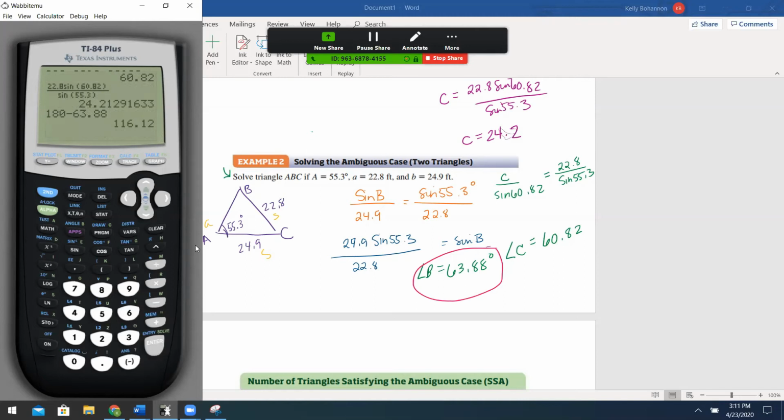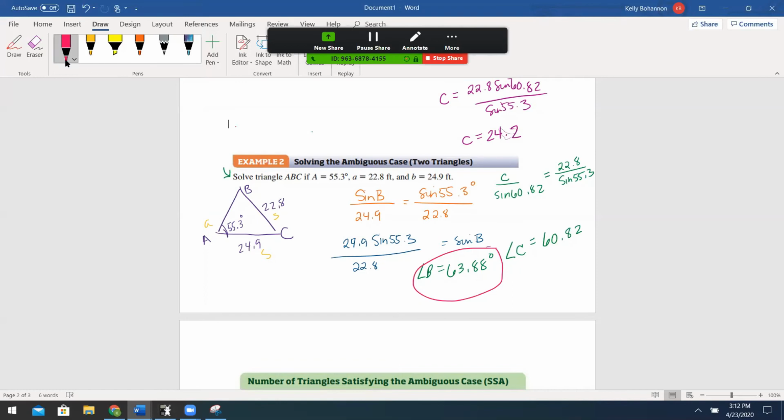So remember 180. Angle A was given to me, it was 55.3. If I use 116.12 as my B, then my C angle is 8.58. So that would be my other triangle.